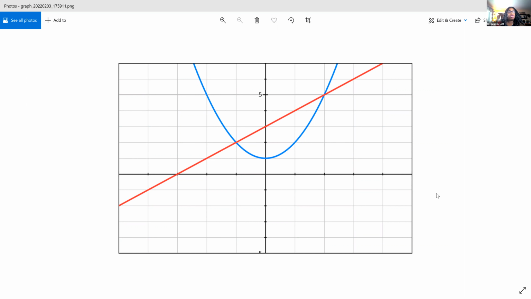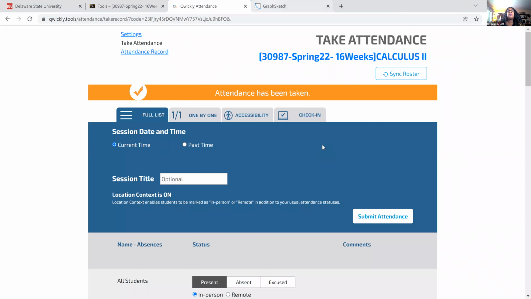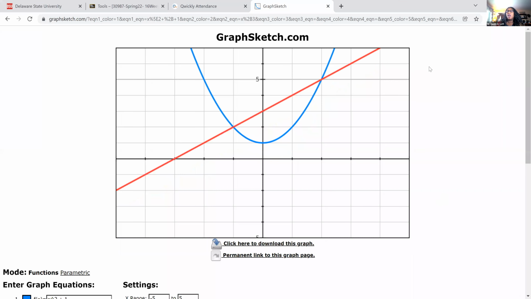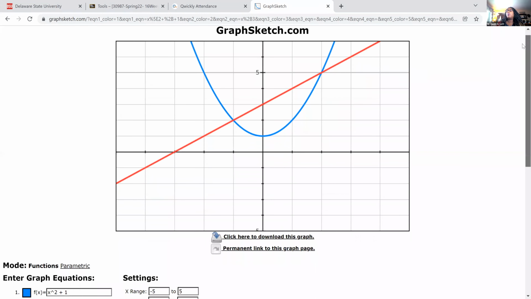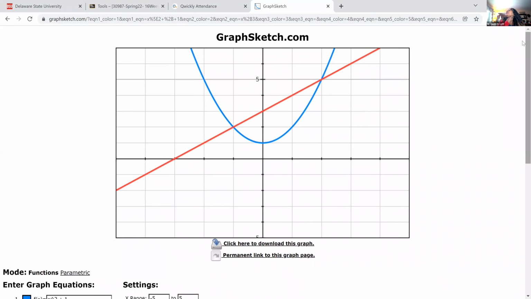It is here. Yeah. So I went on graphsketch.com. If you've ever gone here, this is a great place to go when you're doing homework and you need a graph and you just can't think real quick.